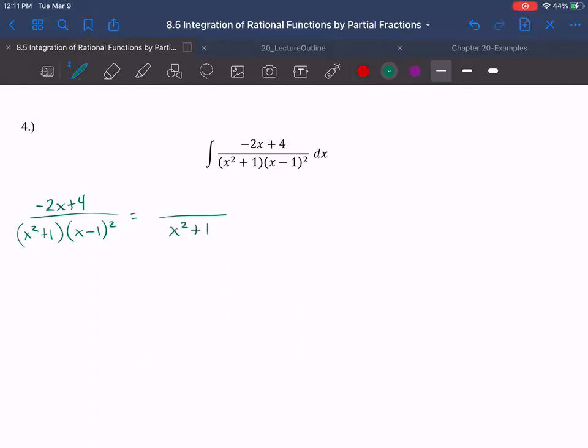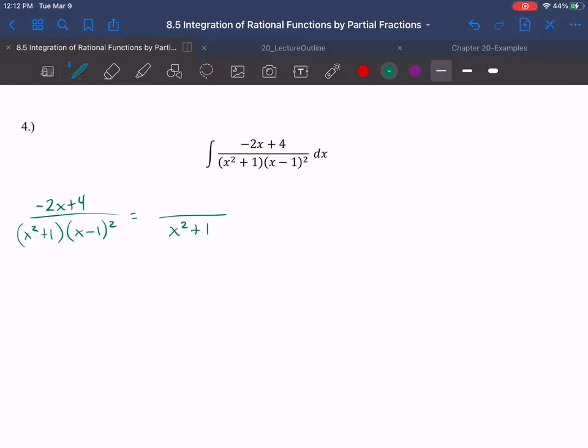What goes up there? Not a. Well, you're jumping all the way to what it turns out to be, huh? I don't think it turned out to be that, though. What do I put up there?